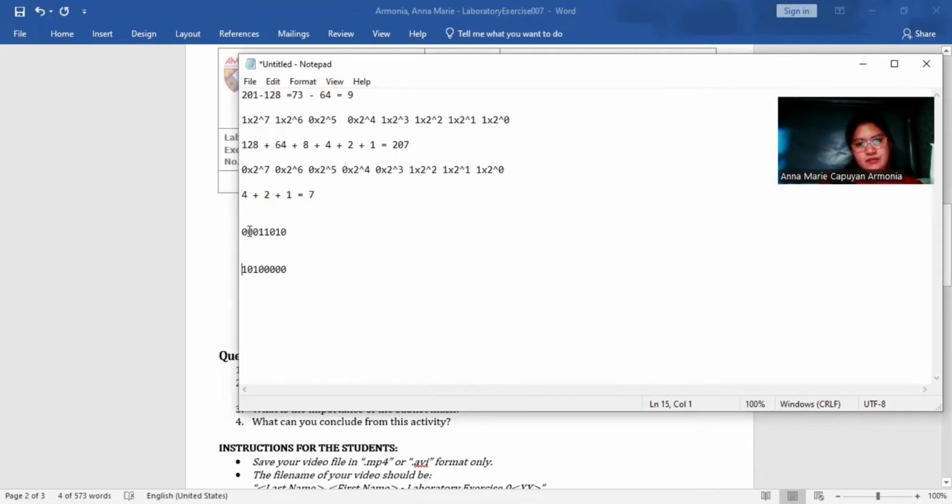Since we have to ignore this one, I will just focus here on this 0, which is the power of 1. This 0, this is 0. So this is 2.